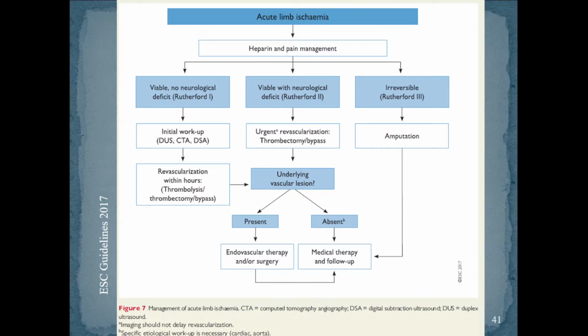So, in case of Rutherford 2, we do the urgent revascularization, thrombectomy, and bypass. If the vascular lesion is present, then endovascular therapy and surgery, and if it is absent, then medical therapy and follow-up. If it is irreversible acute limb ischemia, then only amputation exists.